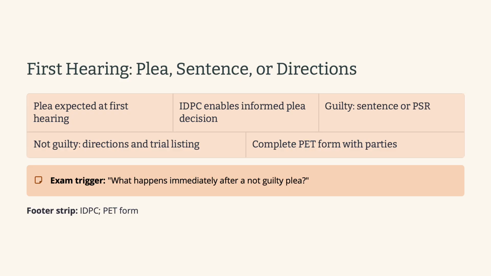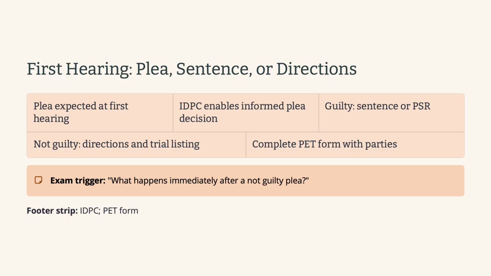Second, IDPC enables the defendant and their counsel to make an informed plea decision. You can't advise on plea without knowing what evidence the prosecution has, so IDPC provides sufficient information for this purpose.